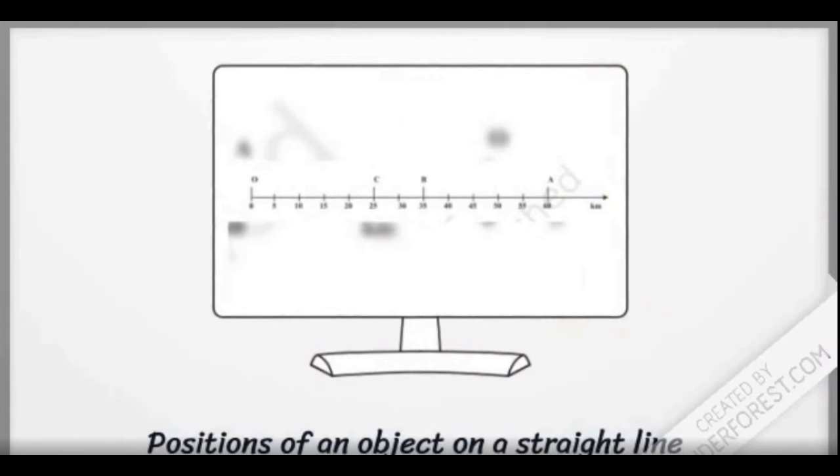To describe distance, we need to specify only the numerical value and not the direction of motion. There are certain quantities which are described by specifying only their numerical values. The numerical value of a physical quantity is its magnitude. From this example, can you find out the distance of the final position C of the object from the initial position O?